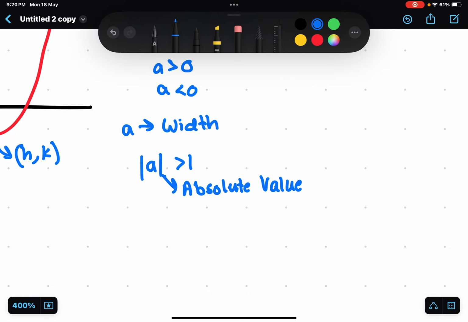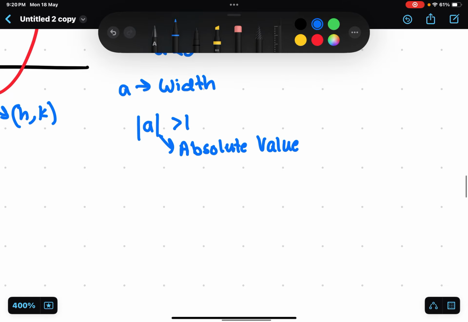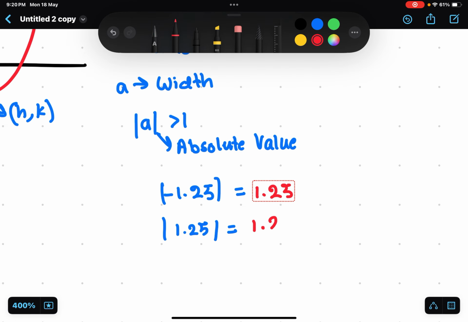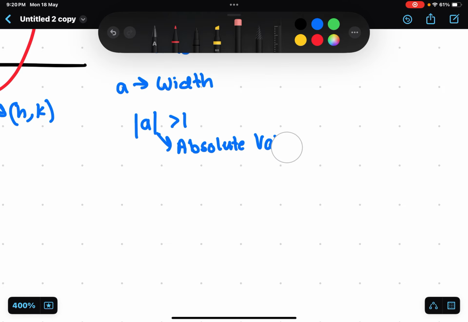Basically, whatever value is inside, if a is negative 1.25 and you take the absolute value, it becomes the positive version of itself. If it was positive to start with, it remains itself. So this is the absolute value sign.